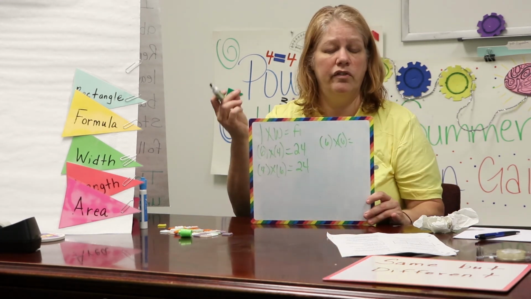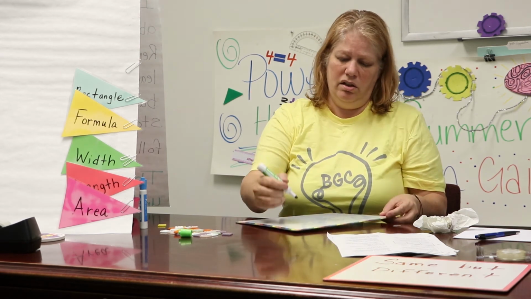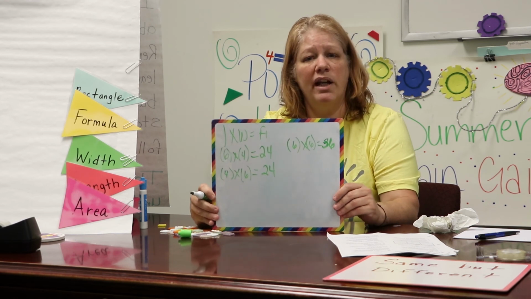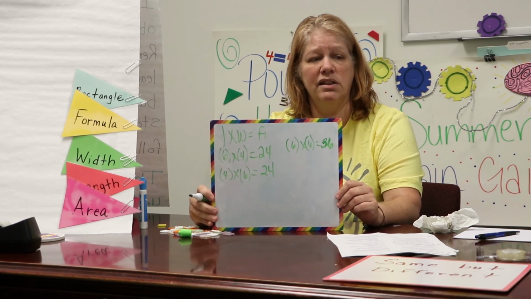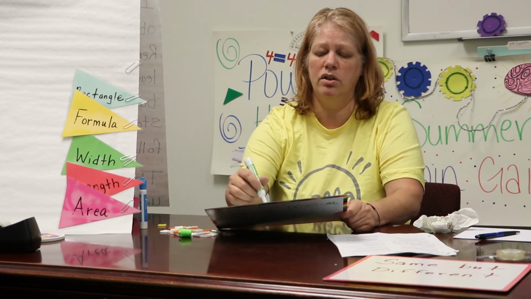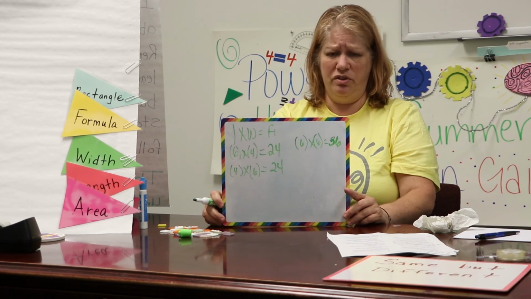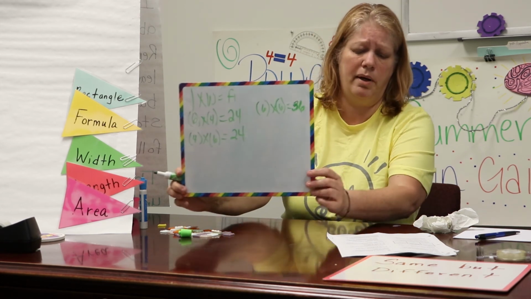I have to count each one until I get to 36. Or you can just, if you remember your timetable, 6 times 6 is 36. So see how fast I got that answer if I memorize that multiplication table? 6 times 6 is 36. Where if I'm sitting there 1, 2, 3, 4, 5, and it's okay if you have to count it. But once you say it and you do it, then you'll probably remember it.